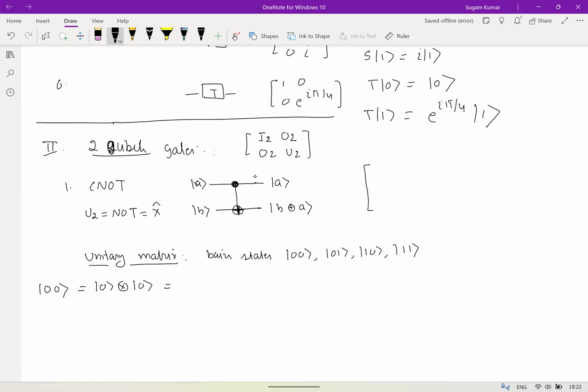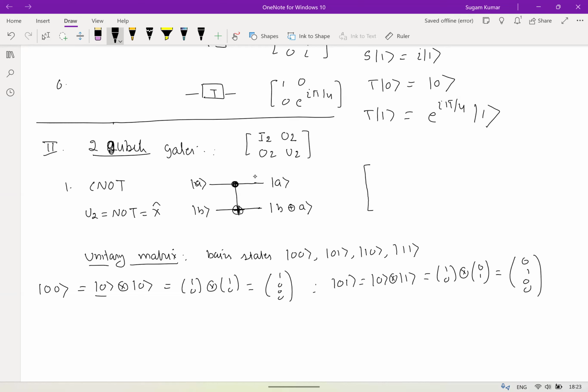And how is the matrix going to be constructed? This is nothing but 1, 0 tensor product again 1, 0, and it will be 1, 0, 0, 0. So this is one basis vector. Similarly, when you talk about 01, this is nothing but 0 tensor product 1. 0 is 1, 0 and 1 is 0, 1, so this becomes 0, 1, 0, 0.